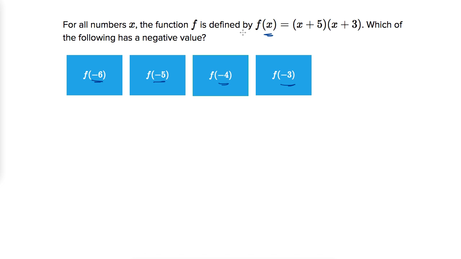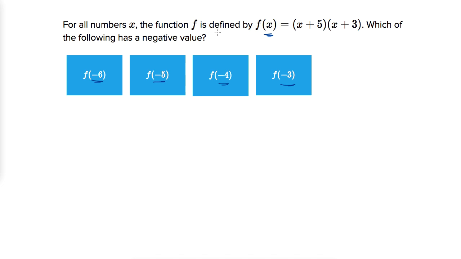In a problem like this, or in any problem, really, it's a good thing to make sure that you understand what conditions would need to be true in order for the answer to satisfy what you're looking for.